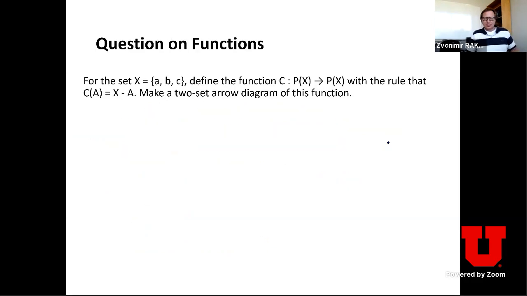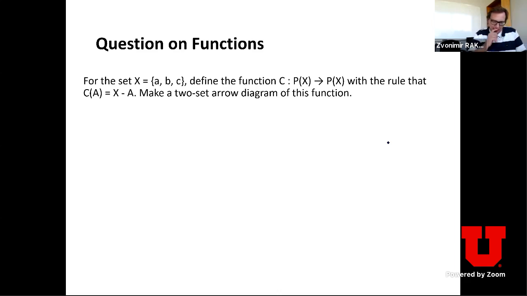Okay, so this was a freshener question on sets. Let's now switch to functions and then later relations. Okay, so here's the question. We have a set X containing elements A, B, C, and we define the function C, which maps elements from the power set of X into elements from the power set of X. And the rule is that C of A is equal to X minus A. So we want to draw a 2-set arrow diagram of this function.